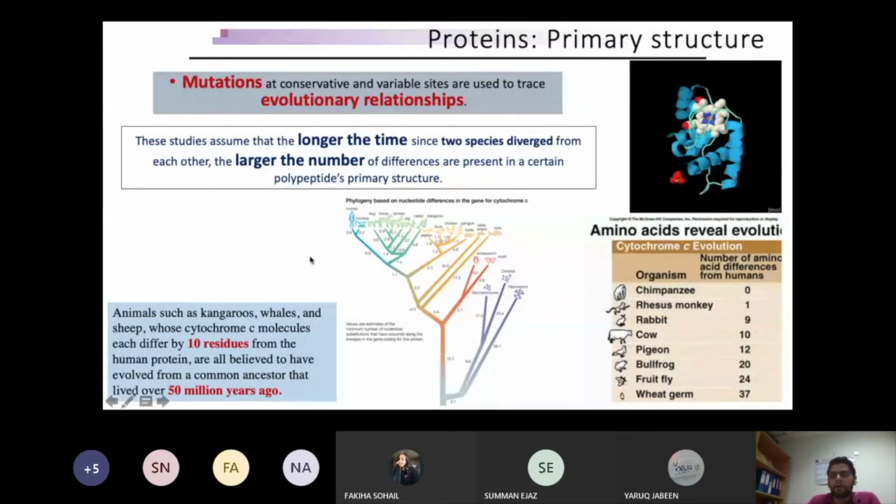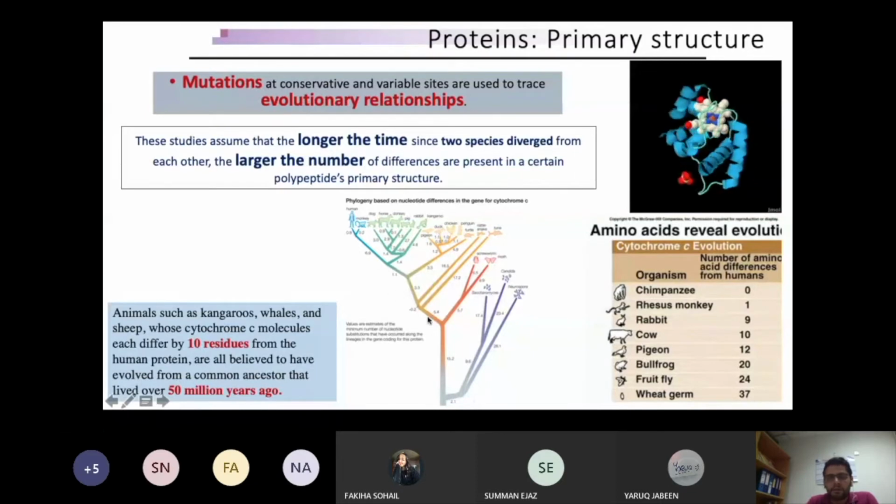These relationships are called phylogenetic trees, and these are based fundamentally on amino acid sequences or DNA sequences, whatever your starting material. In this case, these are the amino acid sequences of cytochrome C used to make an evolutionary tree.